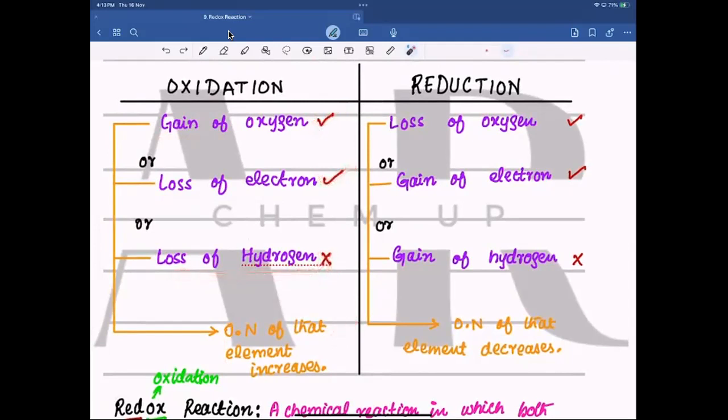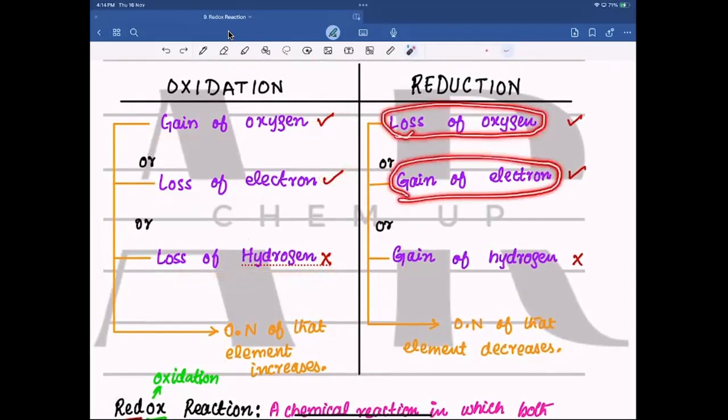In the same way, when we talk about reduction, there are three conditions, and if you observe any one out of these three, then we consider the process a reduction. For example, if some substance loses oxygen, if there is a gain of electron by any atom or ion, if there is a gain of hydrogen.